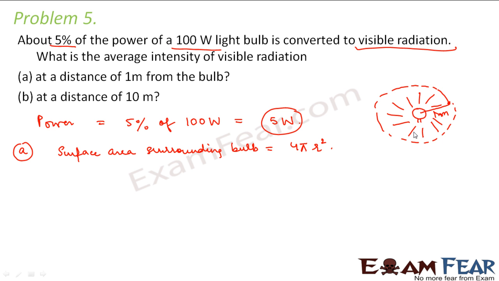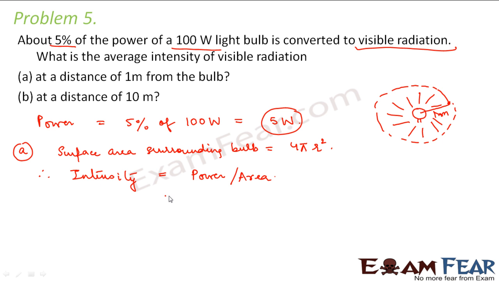Remember, it will not be pi r square, it would be 4 pi r square, because 4 pi r square is the surface area of a sphere. When you have a bulb, it will emit light in all directions. So a distance of 1 meter from the bulb would mean a sphere of radius 1 meter, right? Therefore, what would be the intensity? Intensity would be nothing but power per unit area.